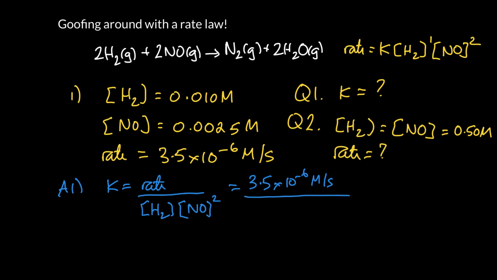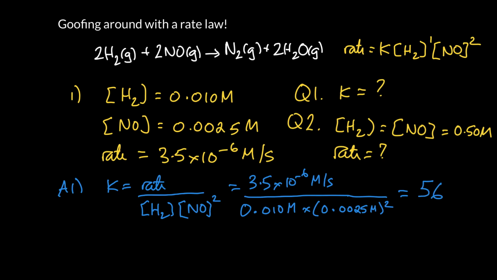We've got the concentration of hydrogen, 0.010 moles per liter. We've got the concentration of NO, and I'm going to put it in parentheses because I'm going to be squaring this. I want to make sure I keep track of units correctly. So it's 0.0025 squared. And I can type that in on my calculator, and I get 56.